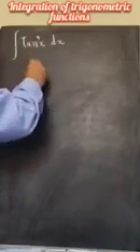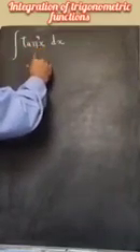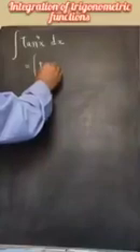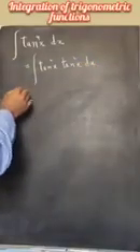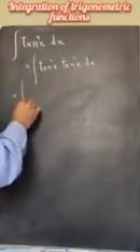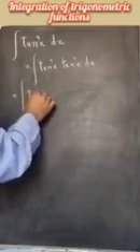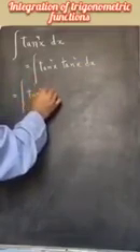Now let us take another question. Here we have to find integration of tan raised to power 4 x. We can write it as integral tan square x into tan square x dx, or integral tan square x.